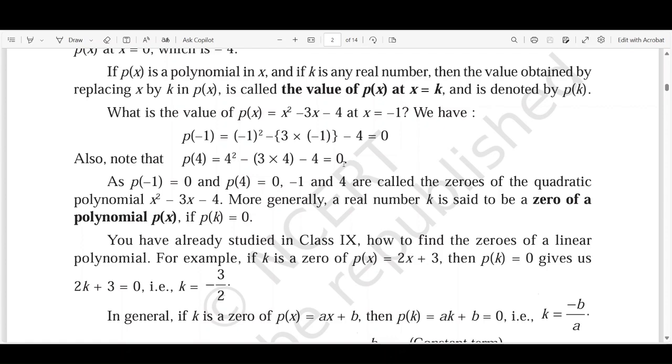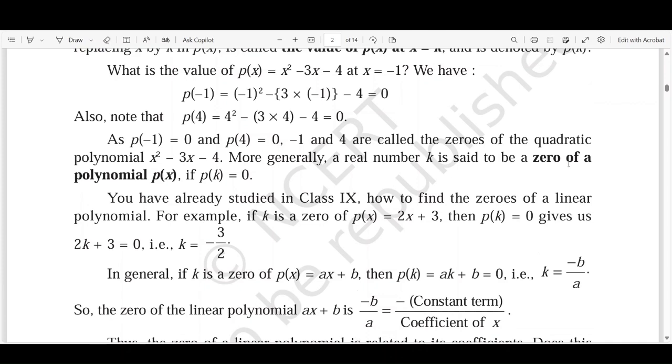So when the value of a polynomial becomes 0 by substituting particular values for x, then those particular values of x are known to be zeros of the polynomial, right? So here they have considered a quadratic polynomial, and by putting x equal to minus 1 and 4, they are getting the values to be 0. Therefore, minus 1 and 4 are called zeros of the quadratic polynomial we have considered, right?